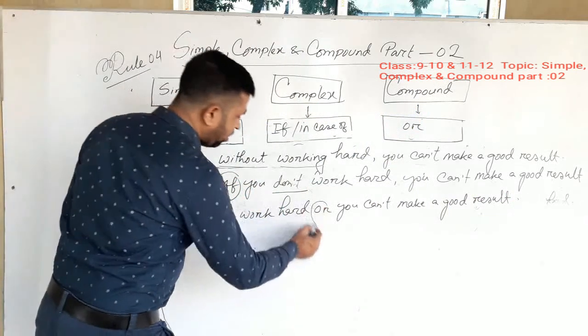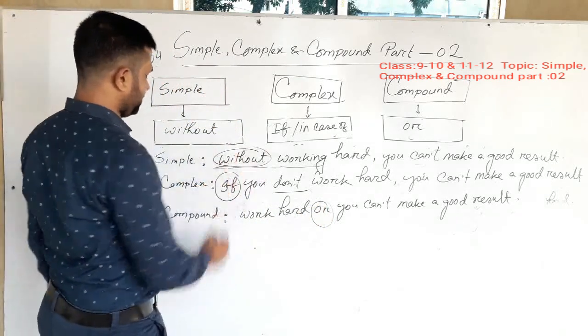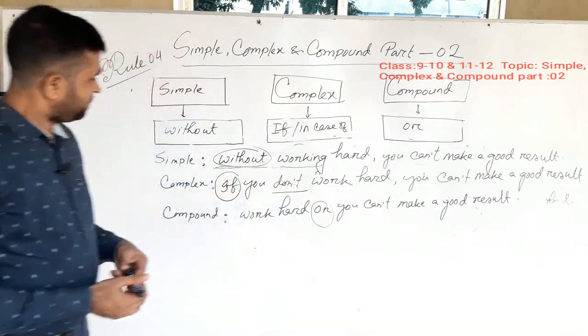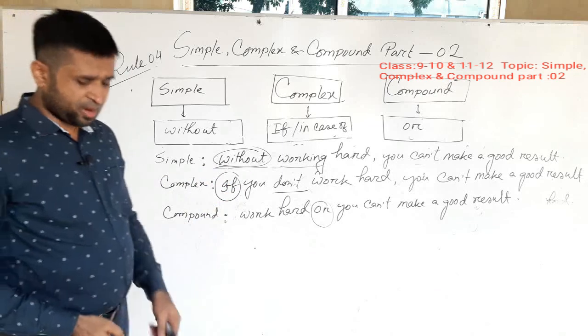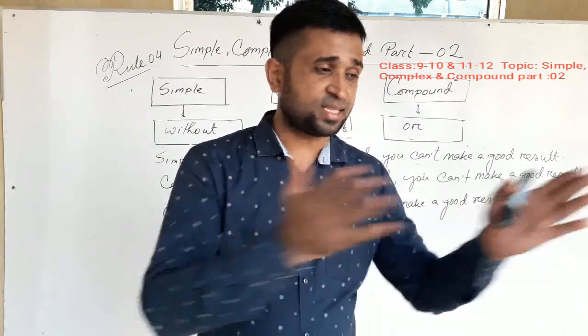By seeing "or", you can say compound sentence. By seeing "without", you can say simple sentence. Dear students, by seeing the same terms and the words, obviously you can say what kind of sentence it is.